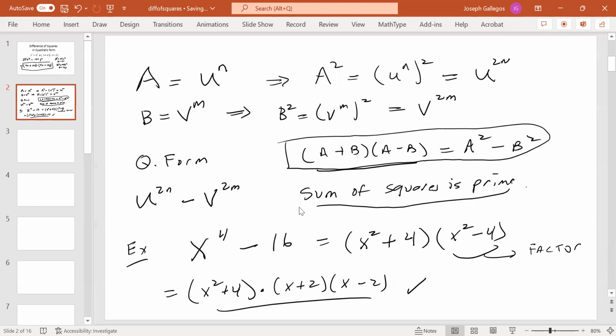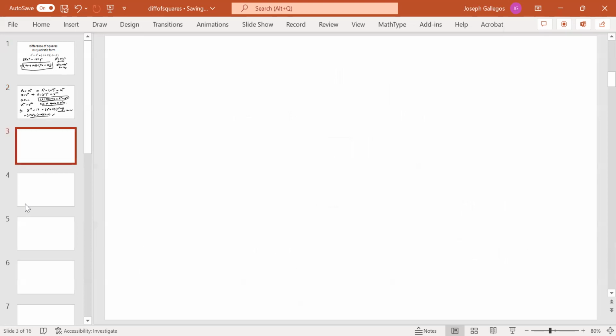All right, let's try another one. Maybe we have x to the 8 minus 1. Well, 1 to any power is always 1, so 1 to the 8th power is 1.